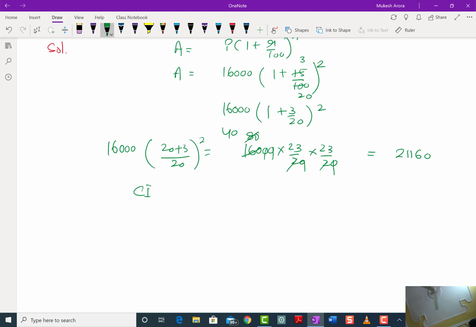So compound interest will be 21,160 minus 16,000, that is 5,160.